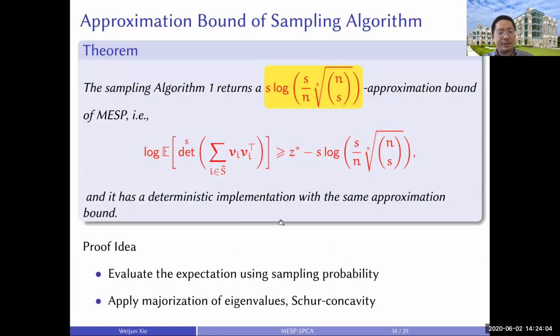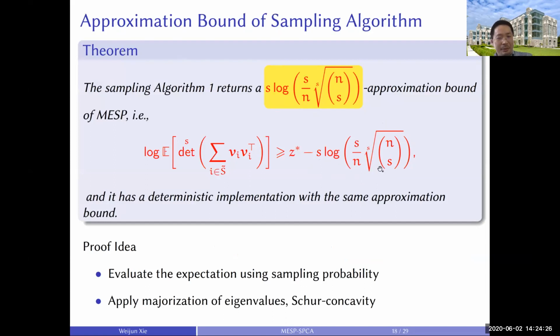The nice result about this sampling algorithm is that we show an approximation bound here, s times log of this number.